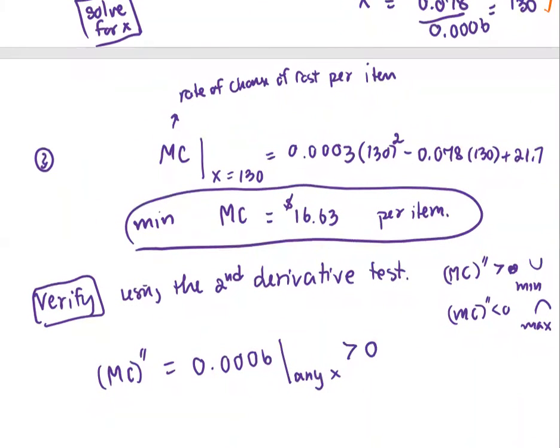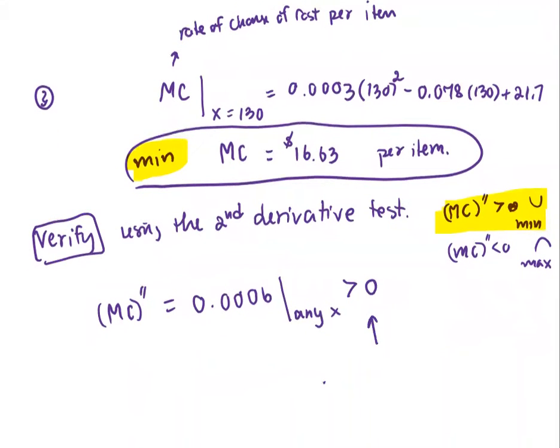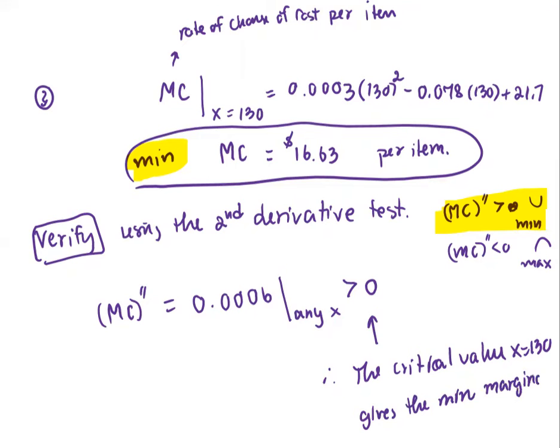If it is greater than 0, the critical number provides the minimum value of that quantity. So the critical value x equals 130 gives the minimum marginal cost. And then we are done. So this step is the verifying step.